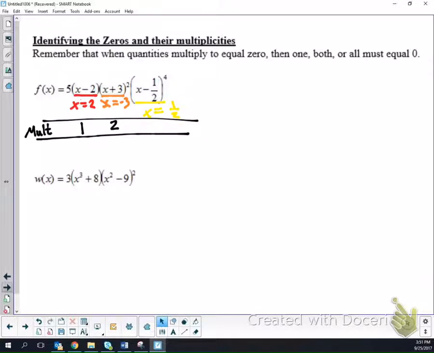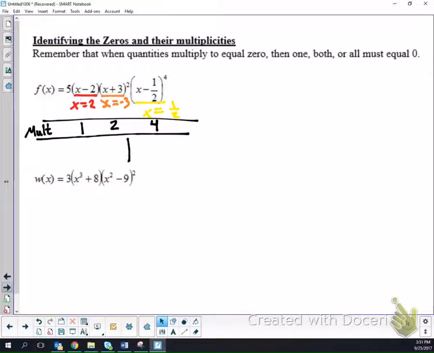And the x minus a half happened 4 times. So those are my multiplicities. So at x equals 2, we see it's got one multiplicity that's an odd, so it's going to cross straight over. At the -3, that's twice, so it's only going to bounce off there. And at the 1/2, it's going to bounce off.